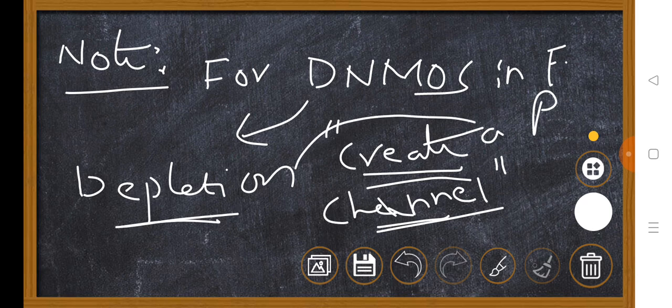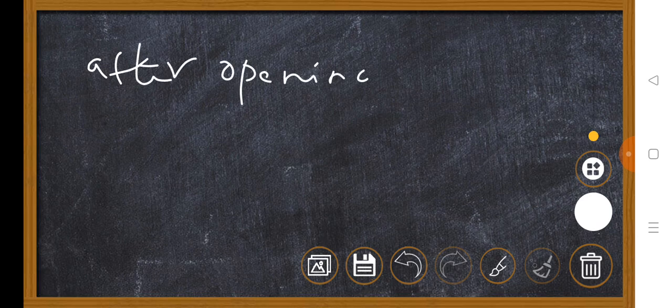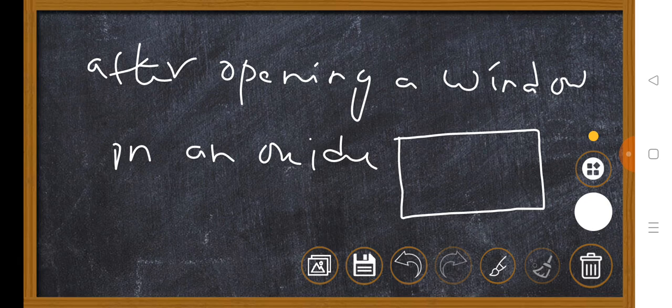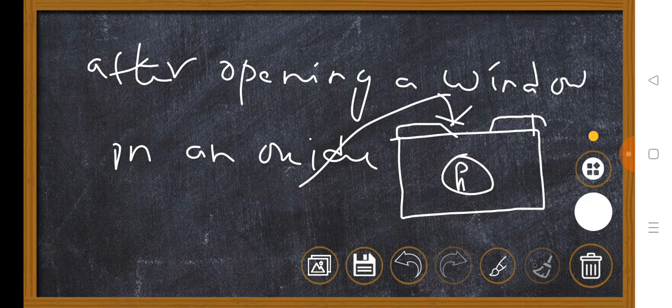Now, to create a channel in the fabrication process, after opening a window in an oxide, recall that this is a p substrate. After this step, after opening a window in an oxide, we have to do one more extra step.